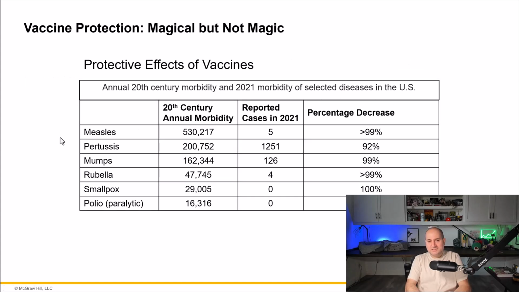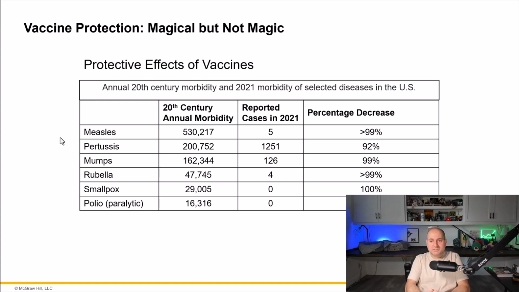And these vaccines have done a great job over the past 100 years. You can see here that measles affected more than 500,000 people every single year in the 20th century, and now it's down to 5 people a year in 2021. Pertussis, this is what causes whooping cough, was 200,000 people per year in the 20th century, and now that's down to 1,200 today.